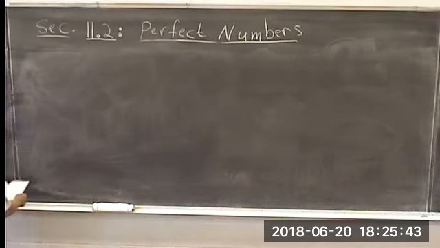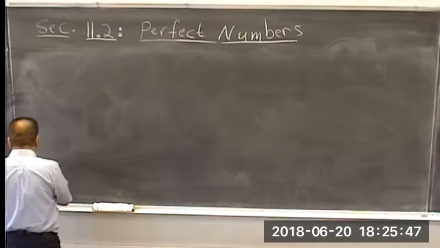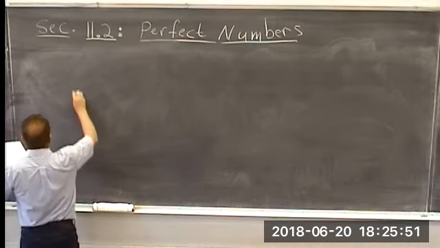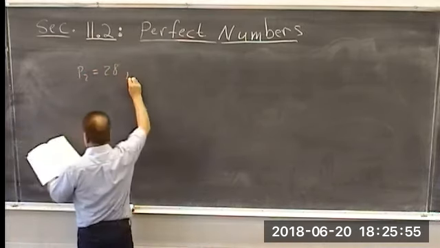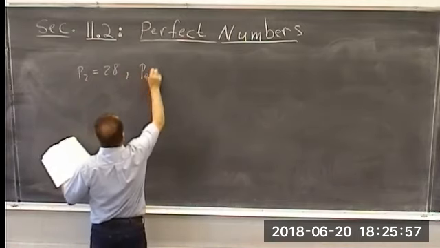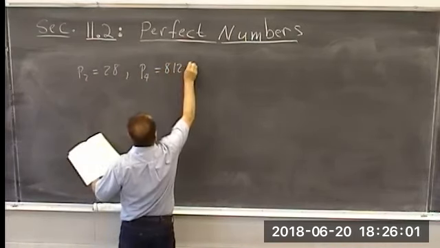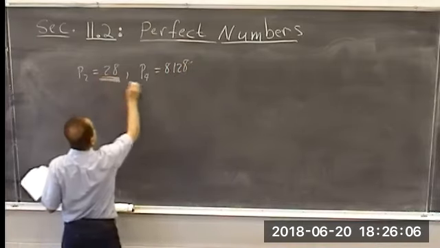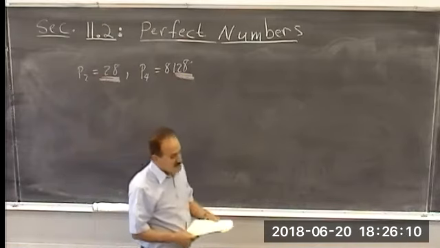Let me go back. We have P2 is 28, and we have P4, the fourth perfect number. So in other words, they end in 28. And it turns out this is the case.